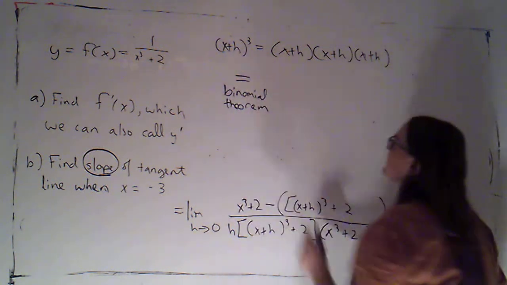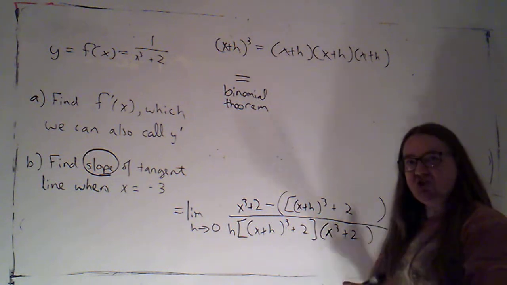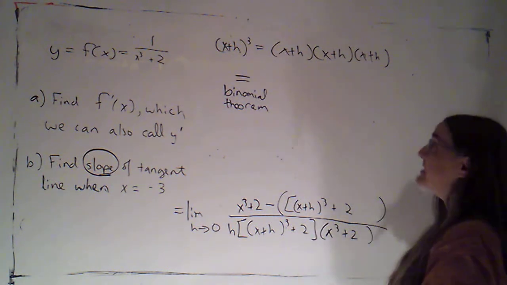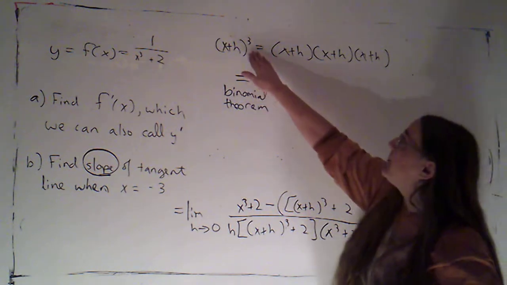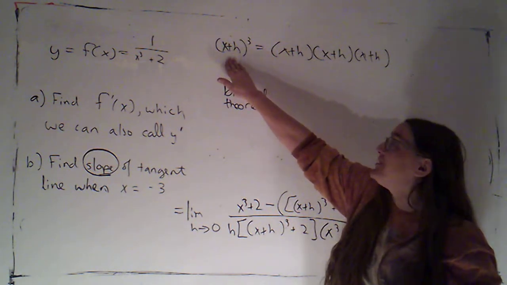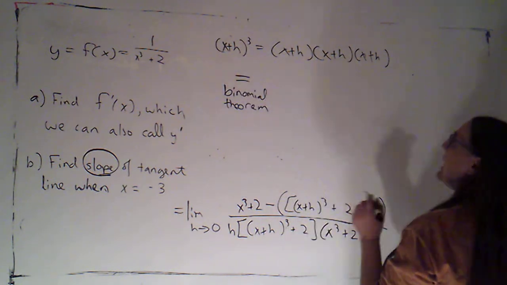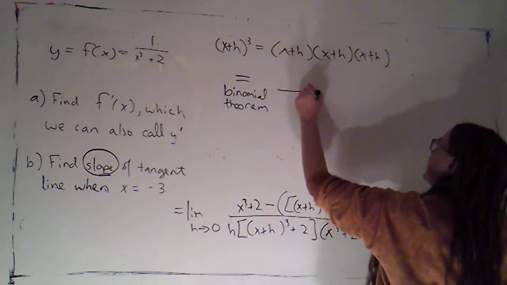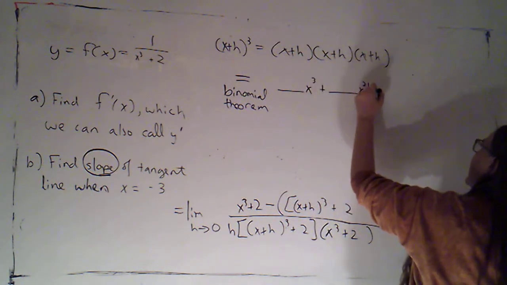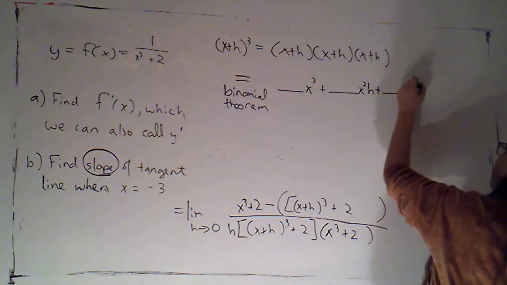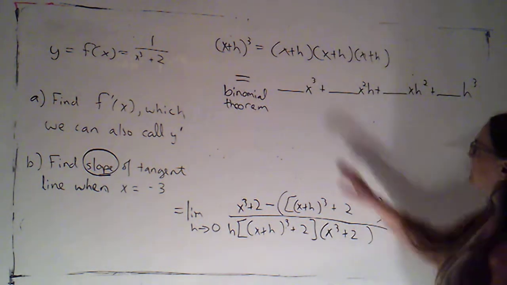Binomial, remember, is just a polynomial with 2 terms. Here my 2 terms are x and h, and they're connected by addition. The binomial theorem gives me a way of taking positive integer powers of binomials like that, which are just a sum of 2 terms. Now, what it says is I'm going to get some terms that are x cubed, some factors of x squared times h, some x times h squared, and some h cubed.